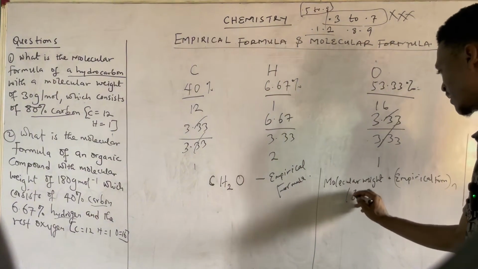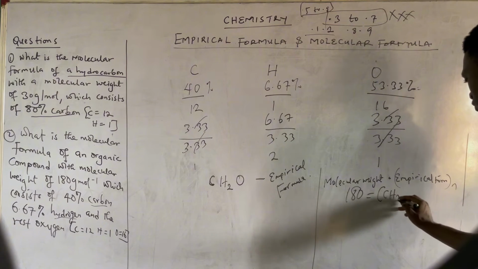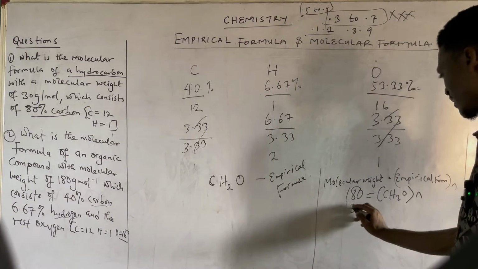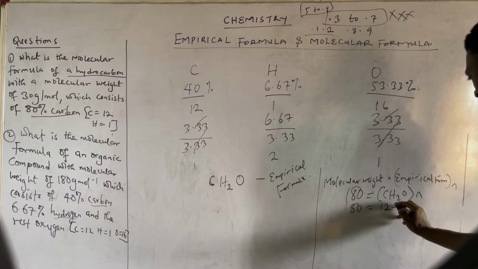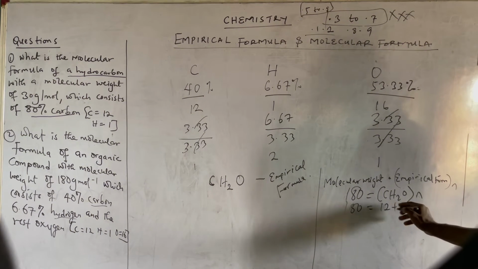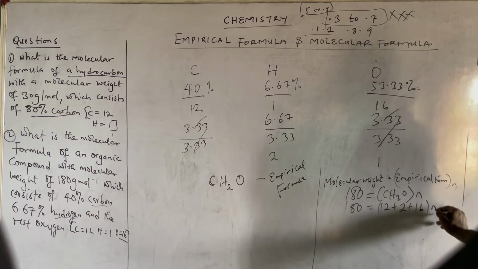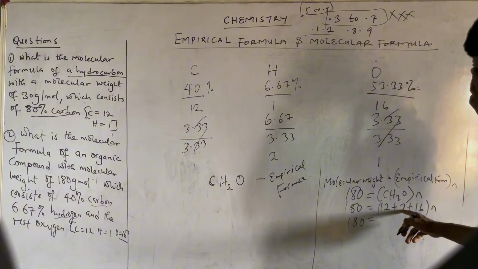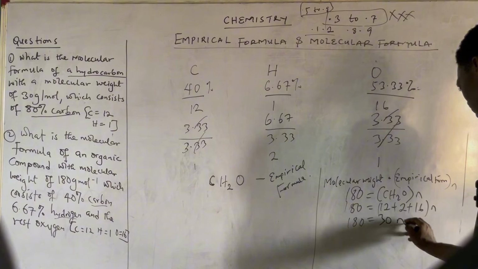It's given as 180, equal to our empirical formula CH2O, all in n. That gives us 180 equals carbon 12 plus hydrogen 1 times 2 is 2, plus 16, all in n. That becomes 180 equals 12 plus 2 is 14, then 14 plus 16 is 30n.